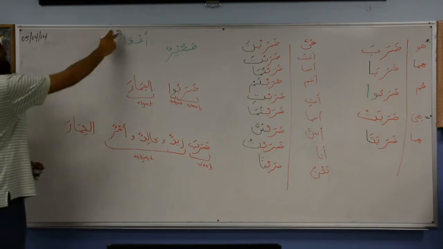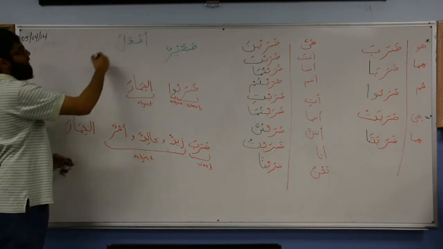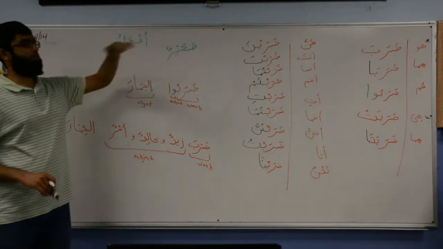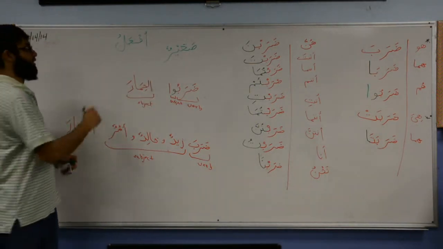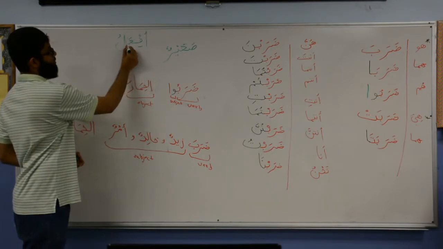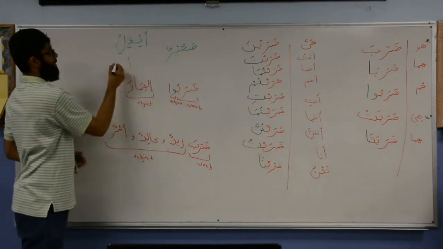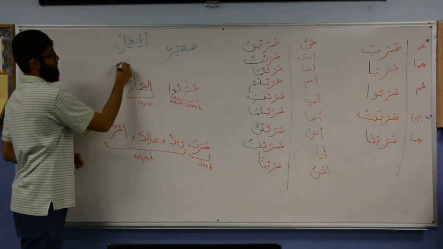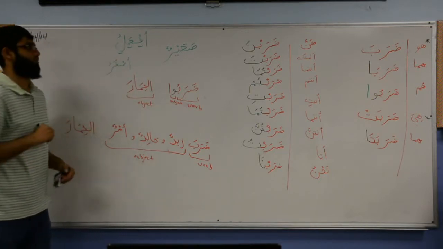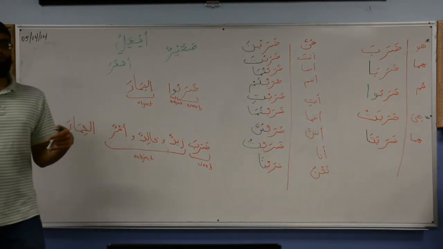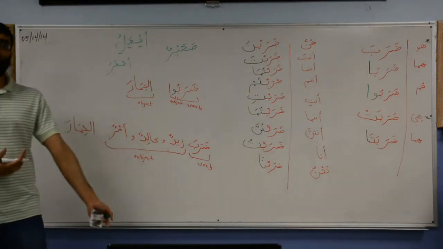Okay, but back to the pattern. So af'alu. If I want to say it for saghir, how do I say it? Asgharu, right? So all I take is the three root letters, fa'ala, and I just say it for saghara. Asgharu means smallest. If I want to say smaller, what do I have to add?